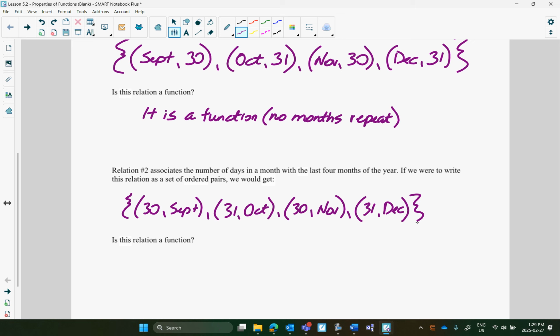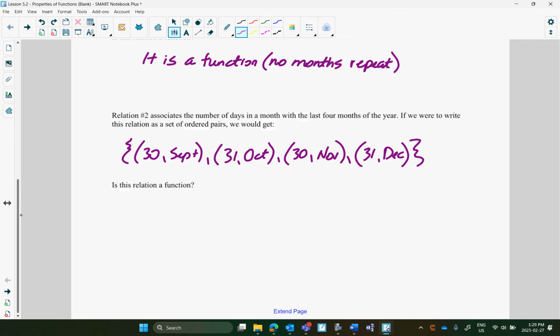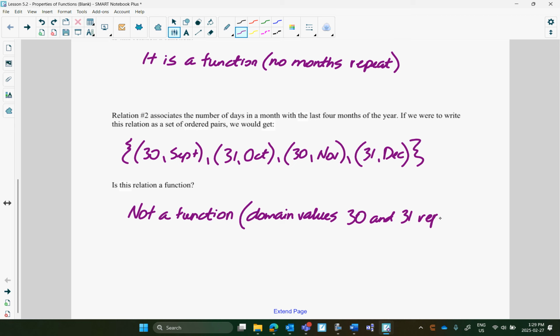The same sets of information, but the rule is reversed. Is this a function? No, because 30 repeats and so does 31. So not a function, because the domain values in this case, because they're numbers, at least one of them repeats. So we could say domain values 30 and 31 repeat.